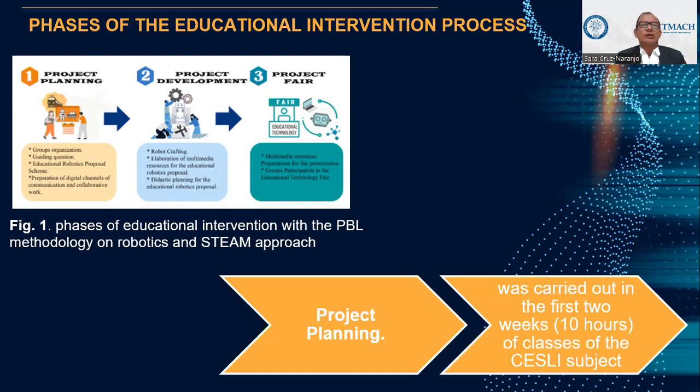Regarding the phases of the educational intervention process, the educational intervention consisted of applying the PBL methodology for university students to prepare projects in digital format on educational robotics with the STEAM approach.